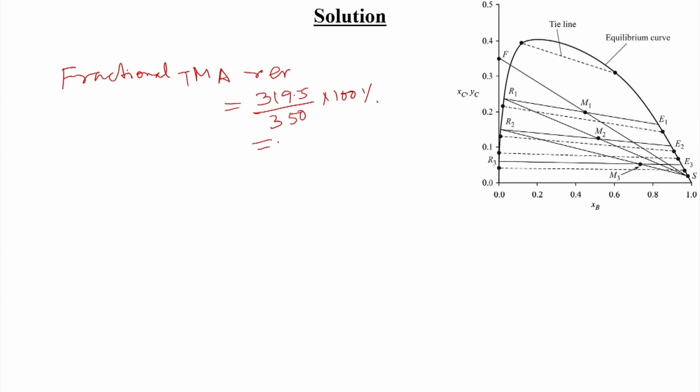That comes out as 91.3%. So, we can say this is the fractional trimethylamine removal. Okay. So, 91.3% trimethylamine is removed. That was the question for this problem.